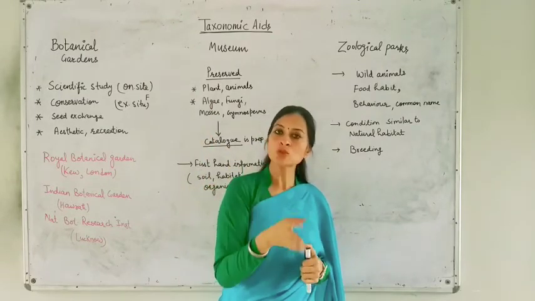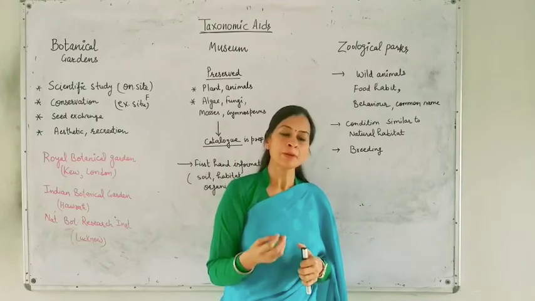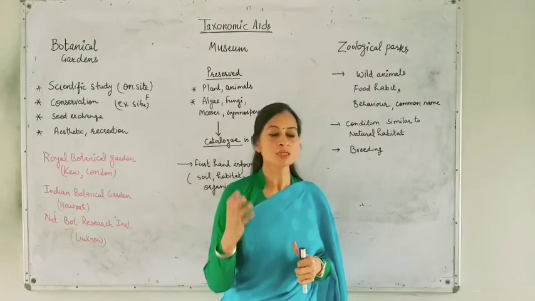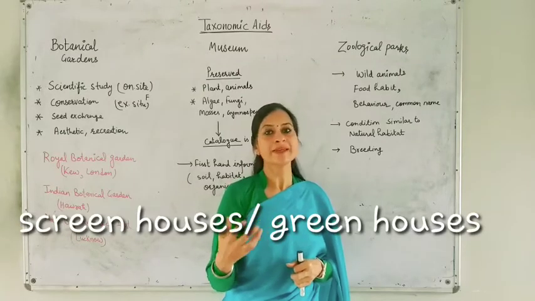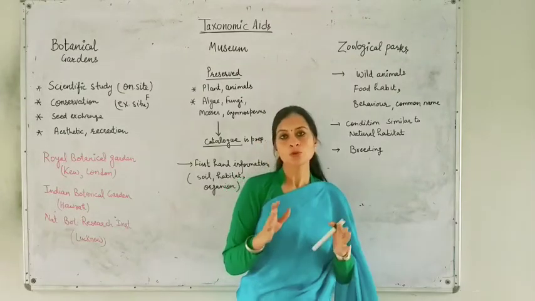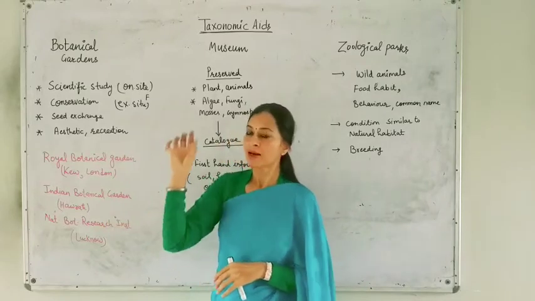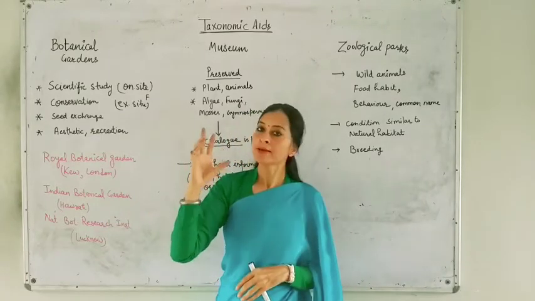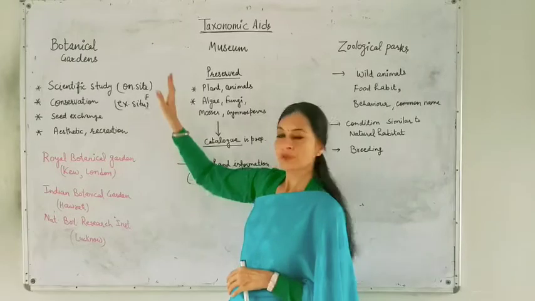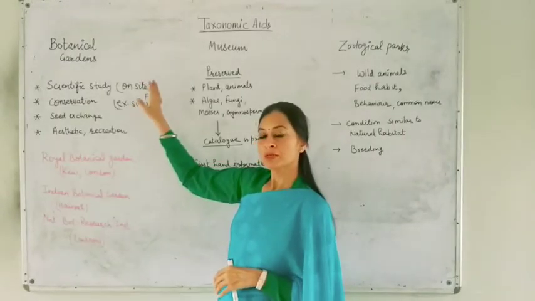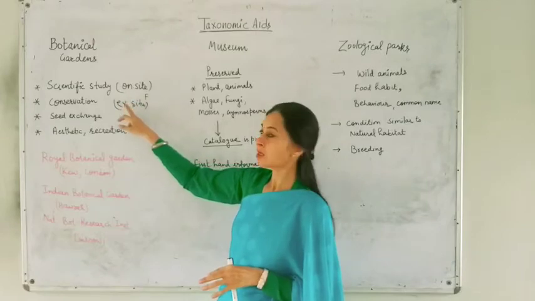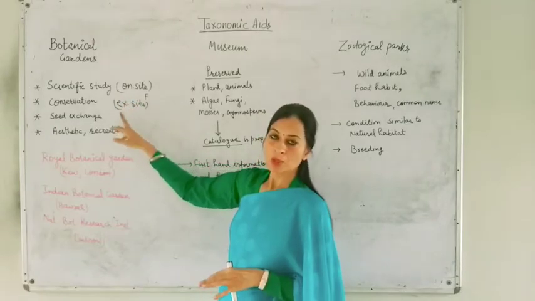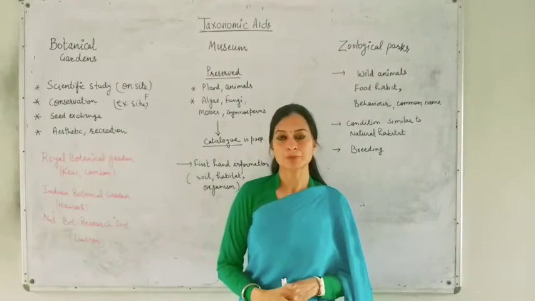So the plant is grown in a botanical garden by providing it specific conditions in specially built screen houses or greenhouses. So they are very well cared for and labeled correctly, and then they can serve scientific study, conservation, recreation or aesthetic purposes.